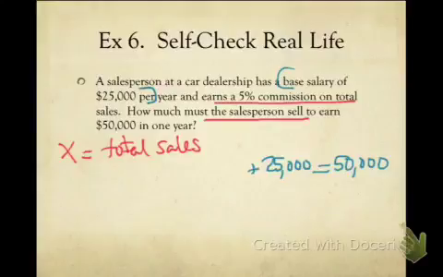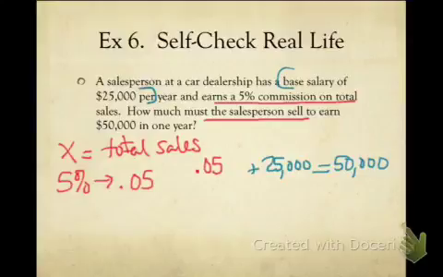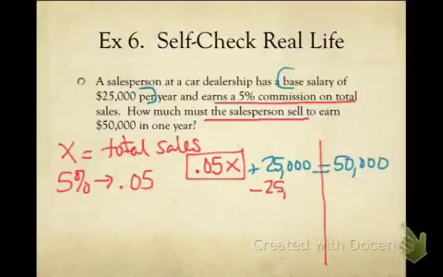So if X is total sales, how can I write 5% as a decimal? The answer is 0.05. And so our equation becomes 0.05 of total sales, which is our unknown, plus the base salary of $25,000 equals $50,000.